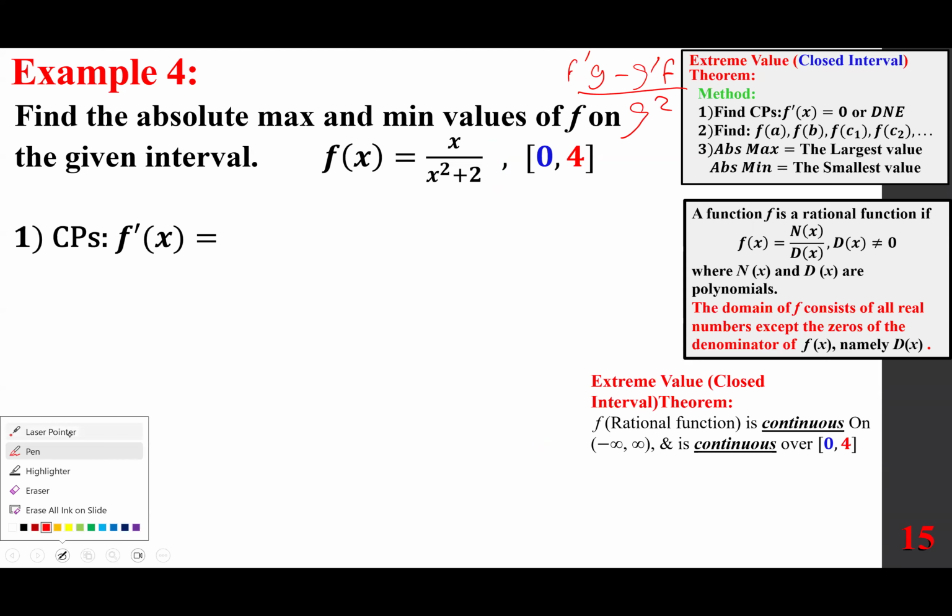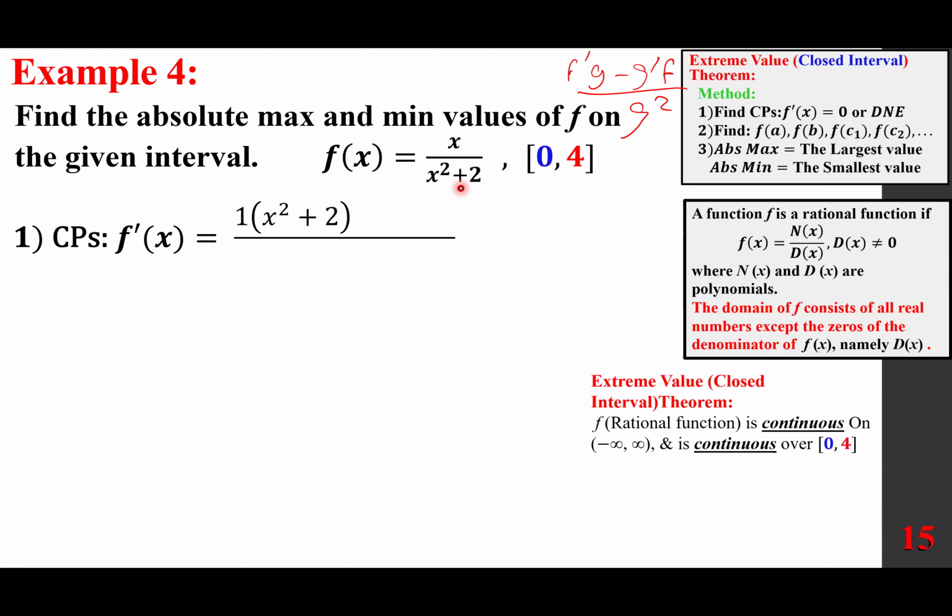As I mentioned before, when I want to differentiate, I write the formula that I need and I follow it, instead of writing d/dx of this, d/dx of that, which makes it very tedious and way too long. So what is f prime? Just 1 times the bottom, x squared plus 2. What is g prime? 2x, minus 2x times x.